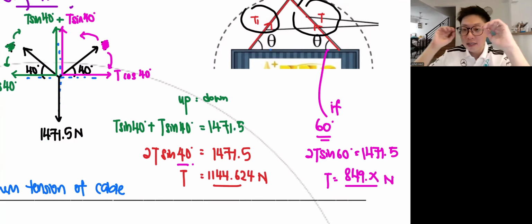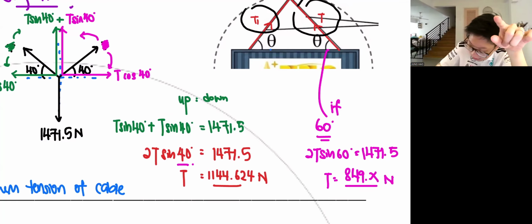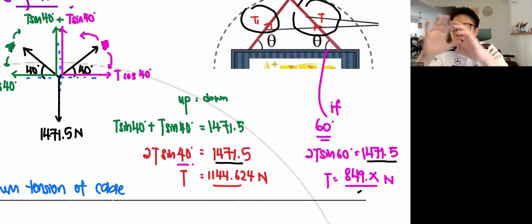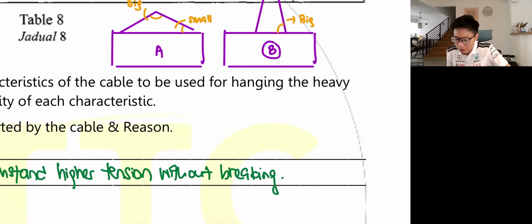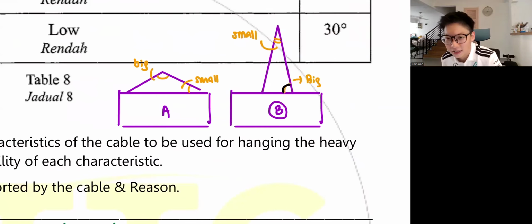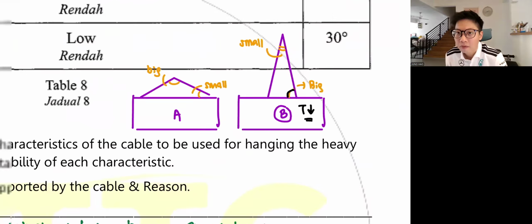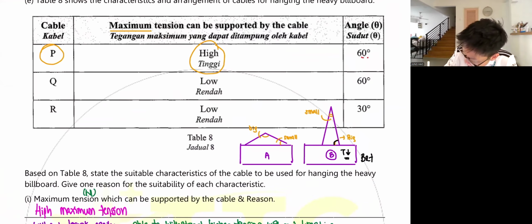You will realize that, see, guys, if I make it to 60 degree, the same object, I'm hanging the same W, but you will see that my tension is much lower, is much lesser. So which means that if you just make the angle wider, bigger, means you make it more straight, you will realize you just make this angle bigger, this one will produce your tension here will be lower. So this is better.